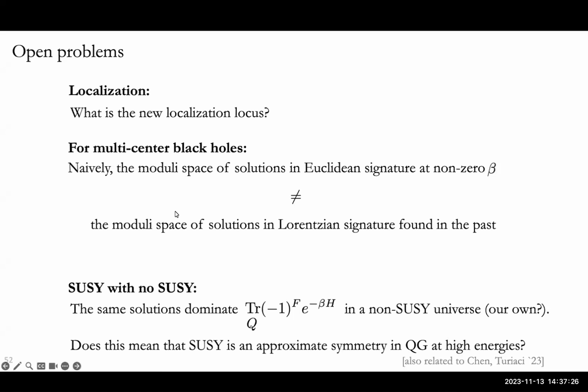Which means that this quantity, the trace of (-1)^F e^(-beta H), still behaves as if the theory is approximately supersymmetric, even if I just work in a regular gravitational theory, like the theory that we have in our own universe. So this brings up the question of whether SUSY is an approximate symmetry all the time in quantum gravity at high energies that probe the spectrum of black hole microstates. Thank you very much. Any questions?